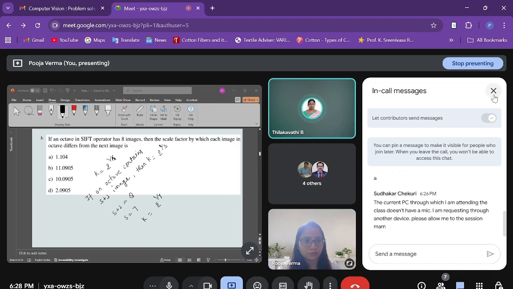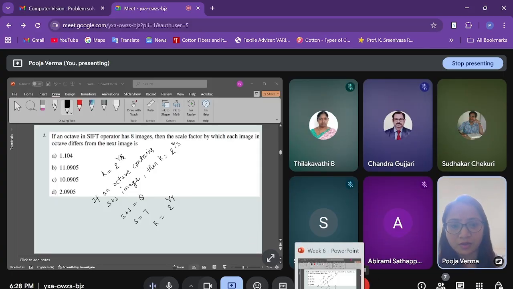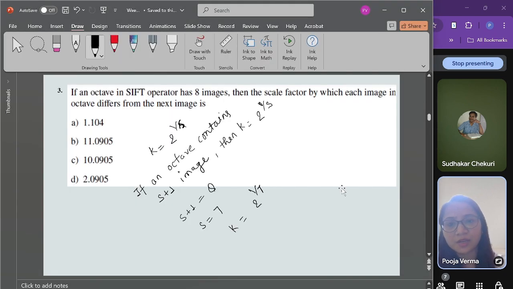Ma'am, excuse me, how does s become 7? Will you please explain once, ma'am? Okay. Basically in the SIFT operator, the octave contains s plus 1 images, basically in the log scale. Here the total of 8 images is given.